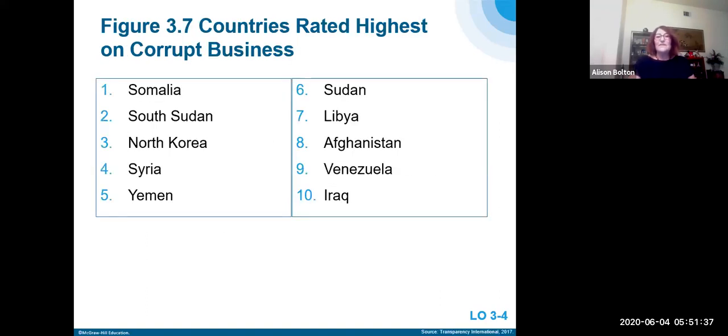And that brings us to corruption, right? I mentioned in the last chapter a little bit about how Somalia is number 1 as the most corrupt country. South Sudan, North Korea, Syria, Yemen, and then Sudan again, and Libya and Afghanistan, Venezuela, and Iraq.